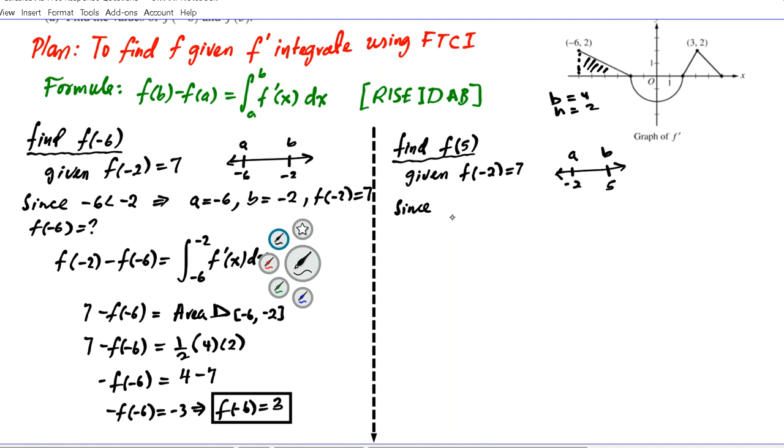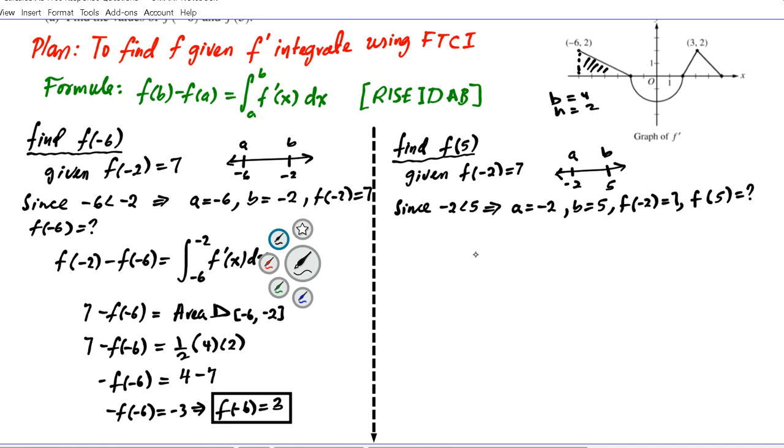Since -2 is less than 5, our A value is the smaller of the two, -2, and the big B is 5. We know that f of -2 is 7, which is given, and f of 5 is the mystery. That's what we're looking for.